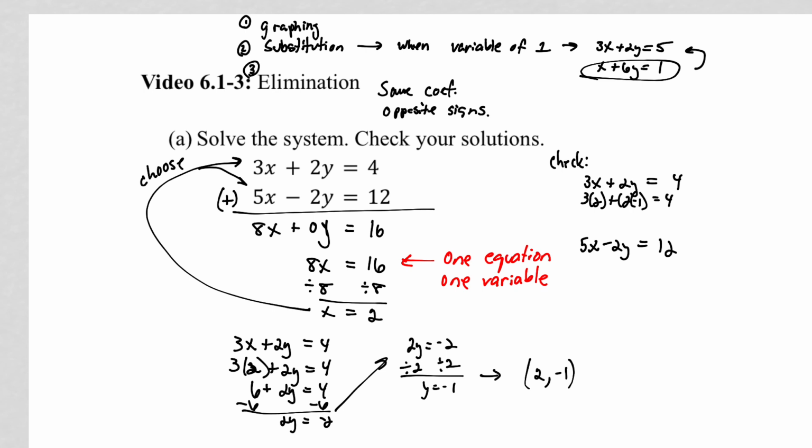You're going to have to bear with me there. 6 plus negative 2 is equal to 4. Yes, that is true. And 10 plus 2 is 12. Yes, that is true. So both equations yield true statements. So this is our solution to this system of equations.